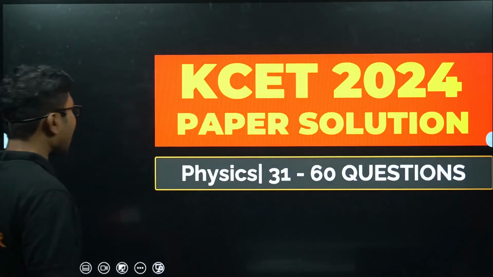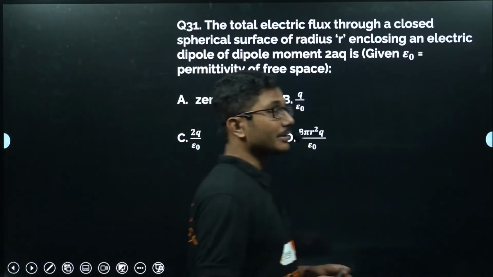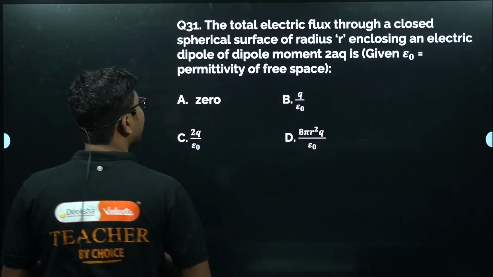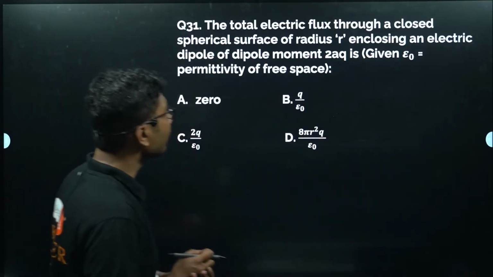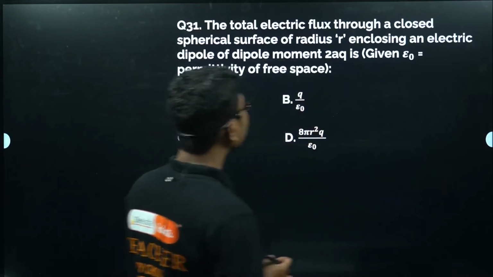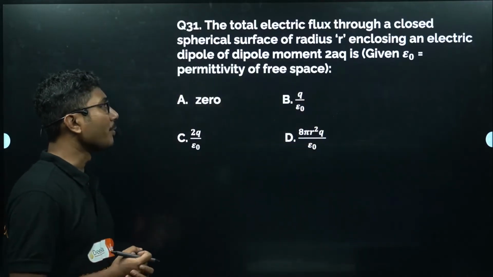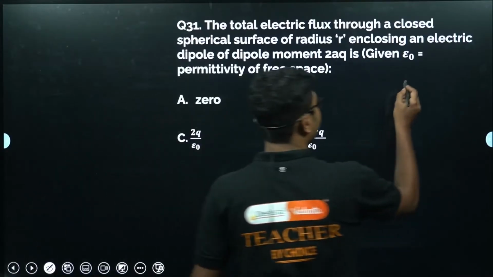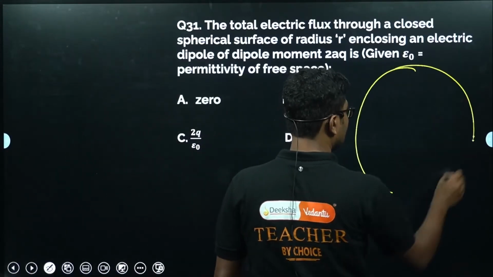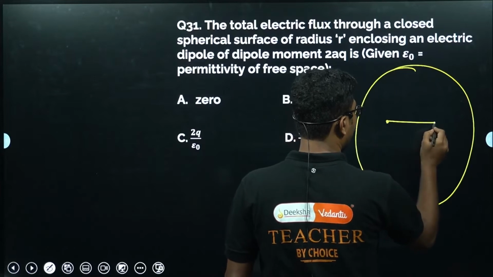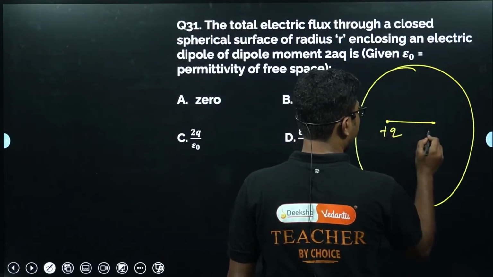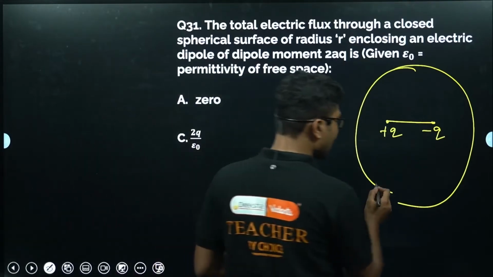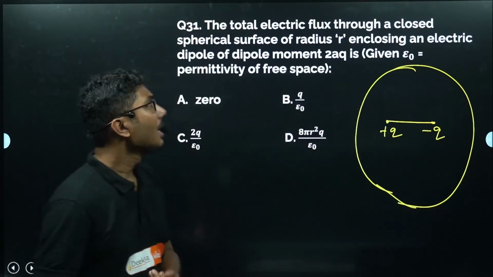Now let's start with question number 31. The total electrostatic flux through a closed spherical surface of radius r enclosing an electric dipole of dipole moment 2aq is given by. Remember that a dipole basically means one plus and one minus charge. So one plus and one minus charge is enclosed inside a spherical surface.